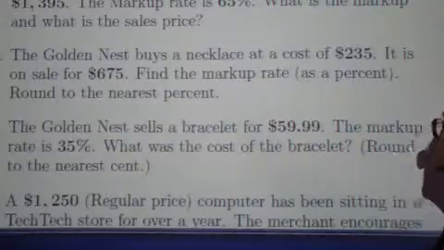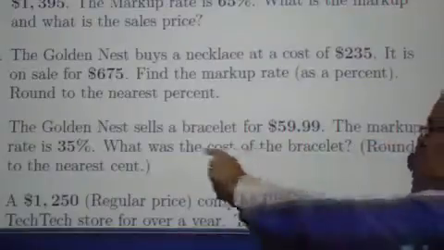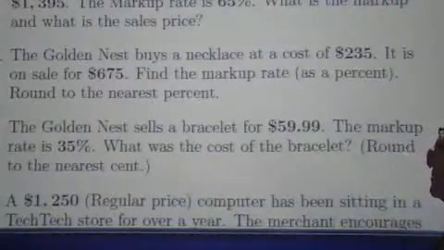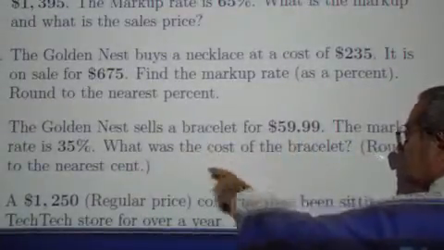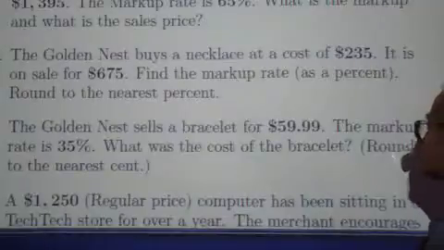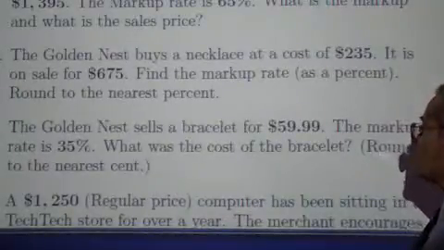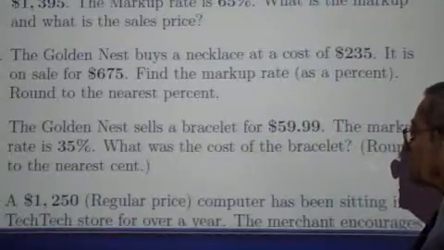Golden Nest sells a bracelet for $59.99. Markup rate 35%. What was the cost? Again, don't take 35% of the sales price. It's 35% of the cost. So $59.99 for sales price, 35% for the markup.